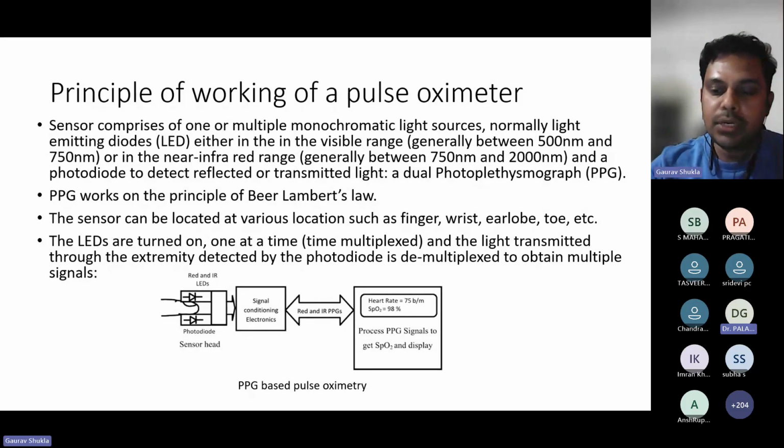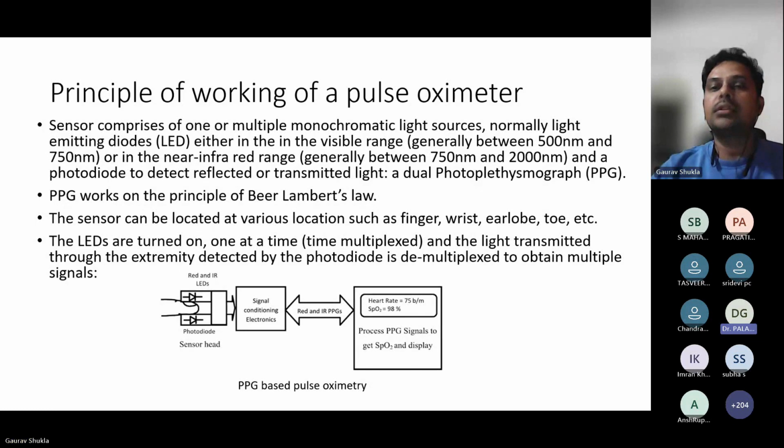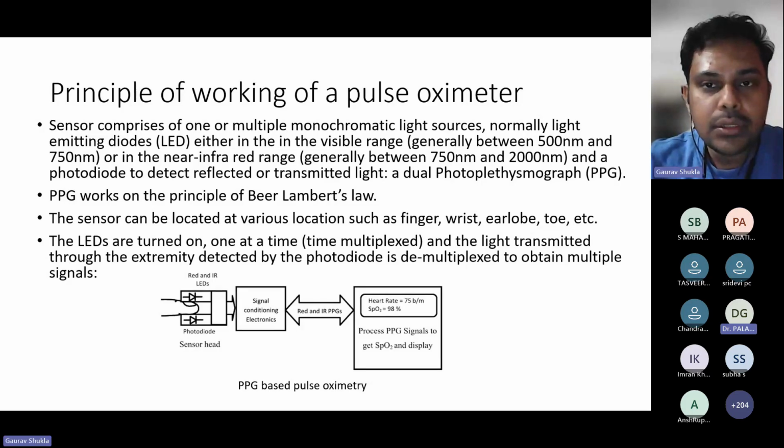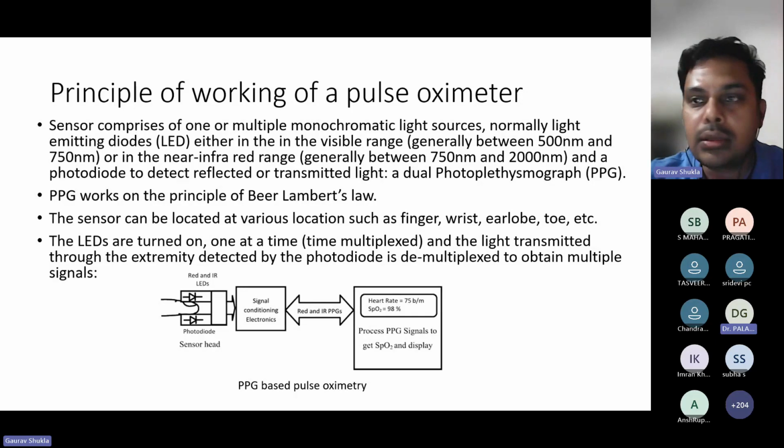What it generally works on is illuminating the region. There is an illuminating source, generally an LED, and a sensing device, which is a photodiode.